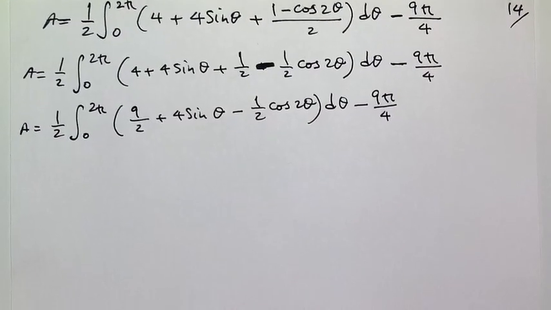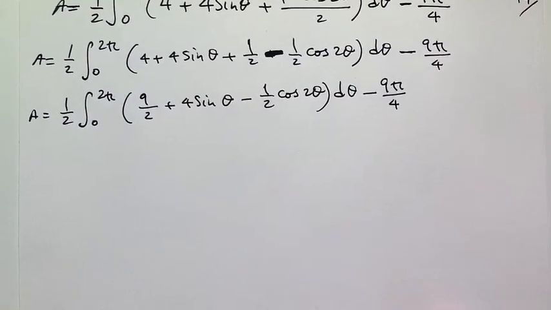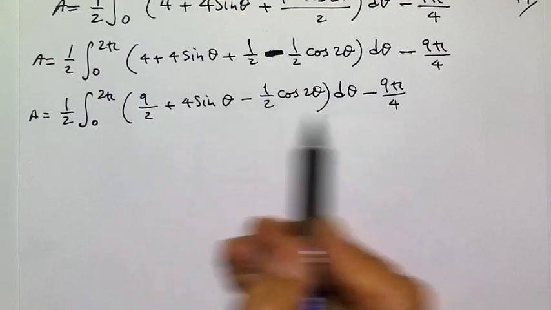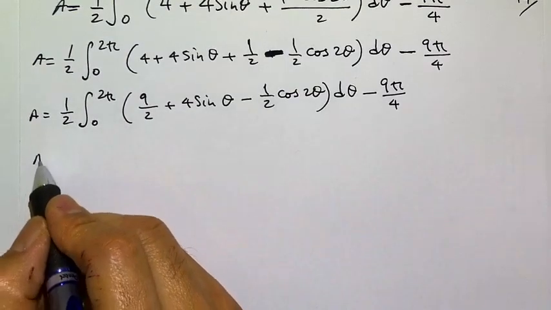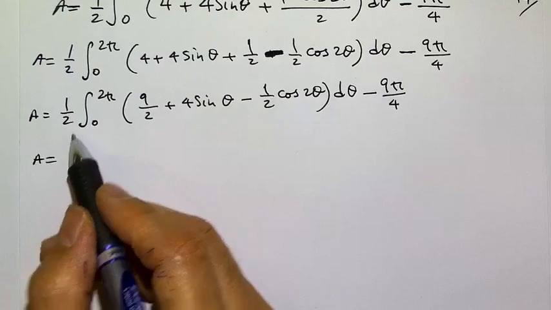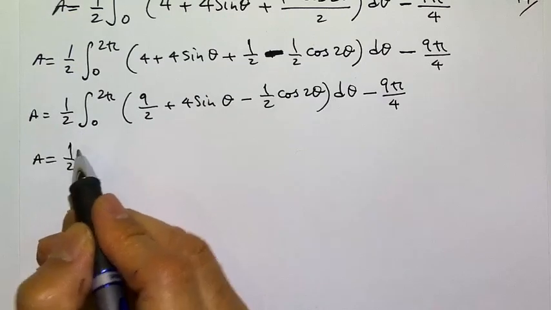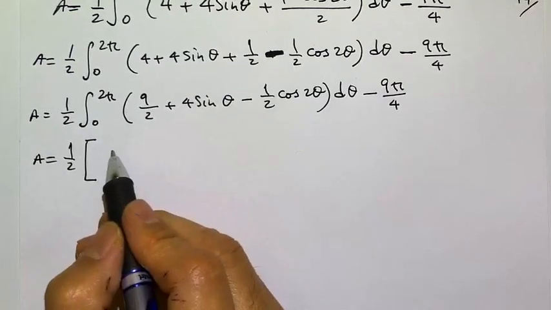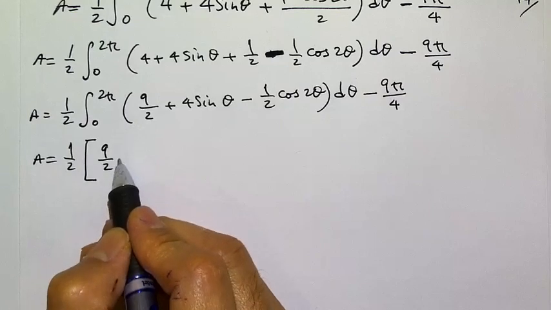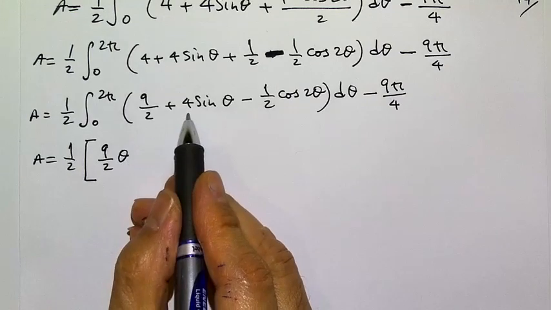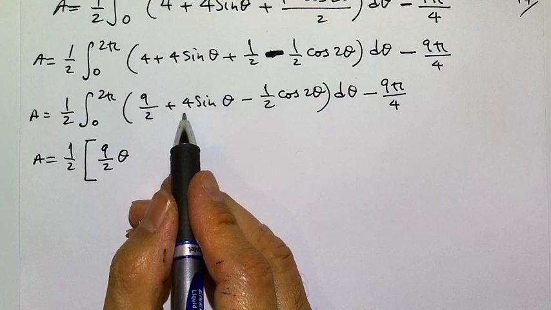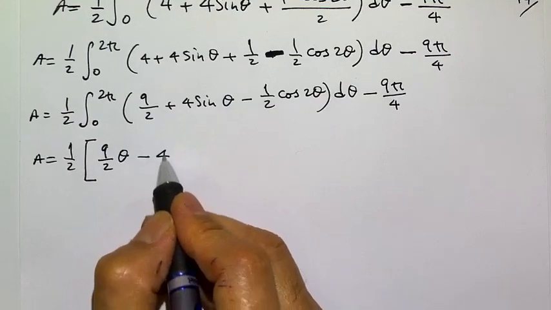Okay. All right, so now we can integrate. Sorry, my writing is going up that way. It shouldn't. So let me try to write better here. 1/2 times 9/2 theta minus 4 cosine theta.